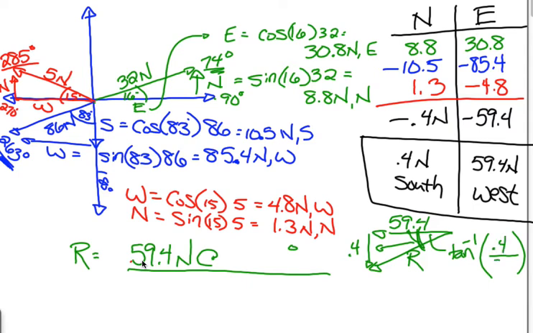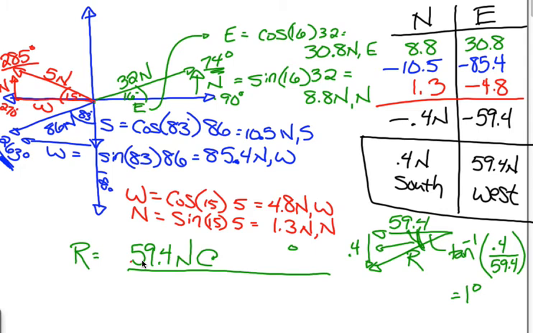So 0.4 over 59.4. I'm thinking this is going to be a small number. And we're going to pretend that rounds off to 1 degree, just because it's going to be easier for what we're talking about here. So I would of course round down, but we're going to pretend that rounds up to 1 degree.